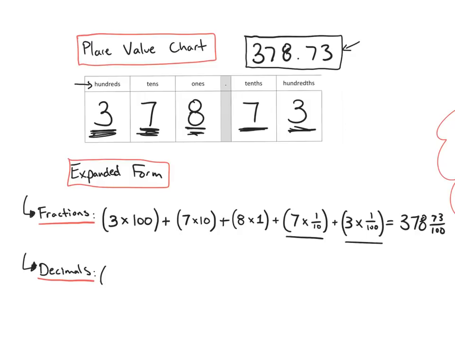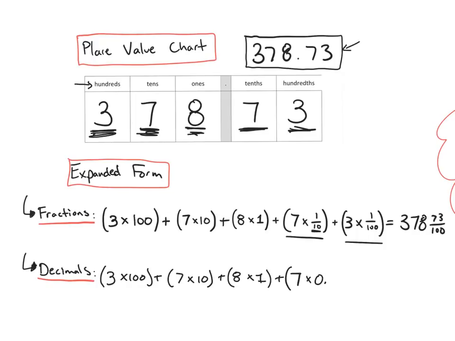Once again, my whole numbers are going to be exactly the same. So I have 3 in the hundreds place, 7 in the tens place, and 8 in the ones place. And this is where we're going to get a little bit different, because I still have 7 in the tenths place, but I'm going to represent this 1/10 as a decimal.